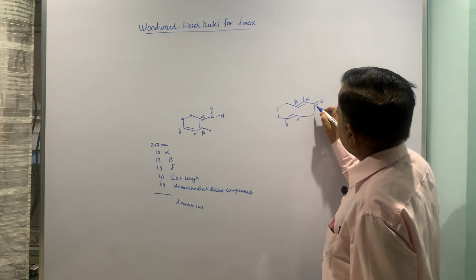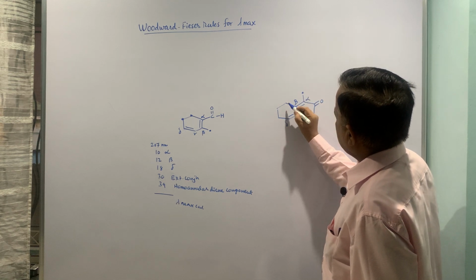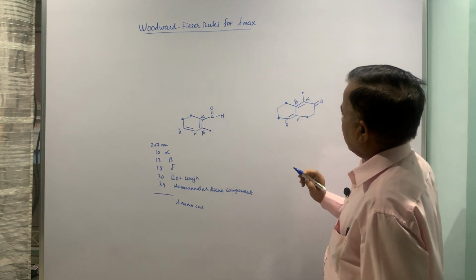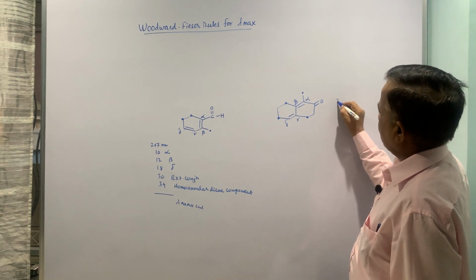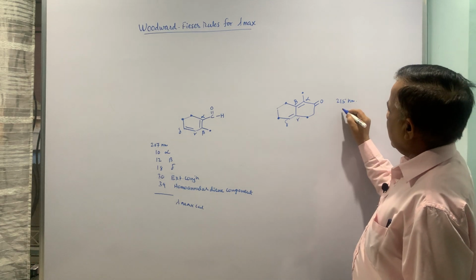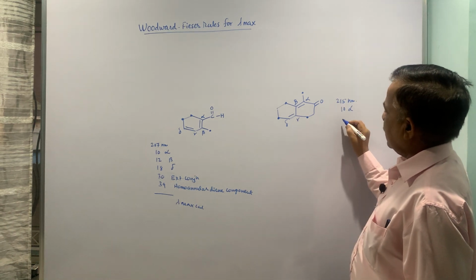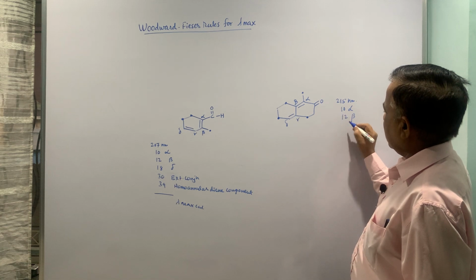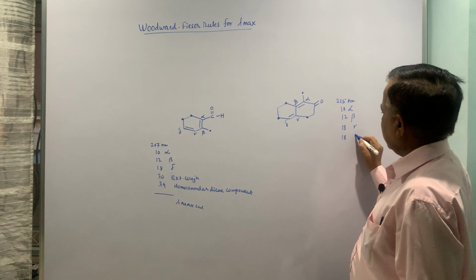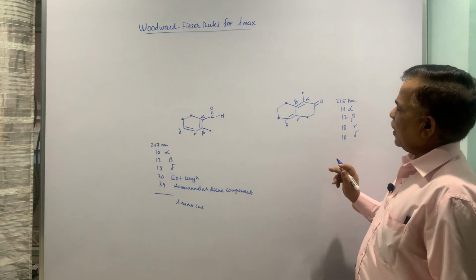Alpha 1, beta 1, gamma 1, delta 1. So 215 because this is a 6 membered ketone. Alpha 1, beta 1, gamma and delta 18 each.